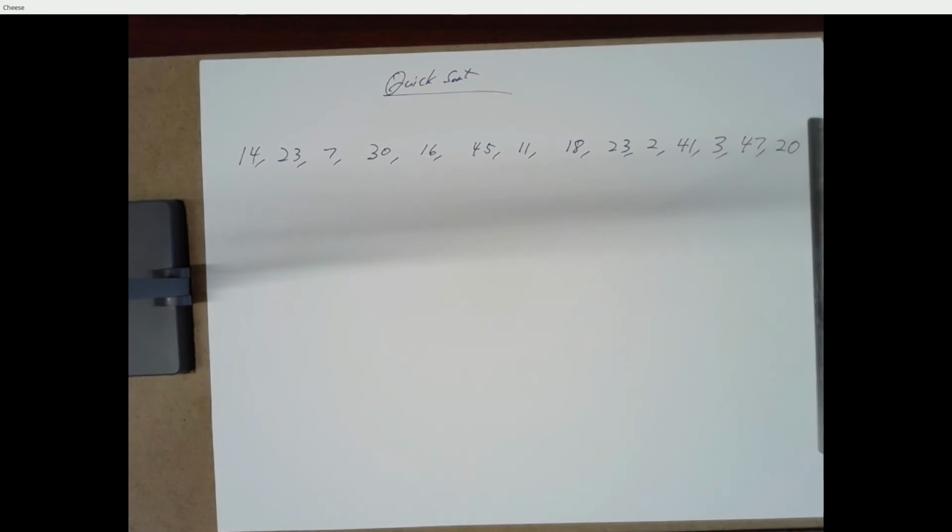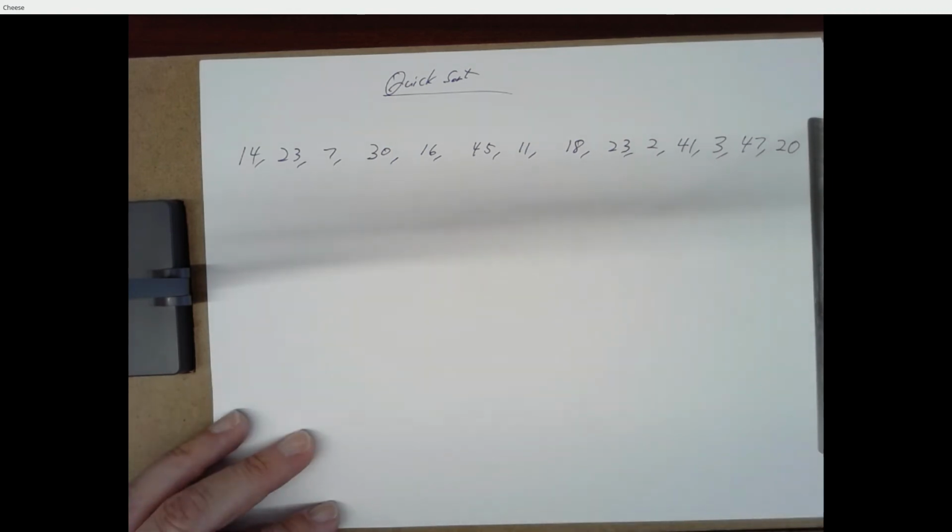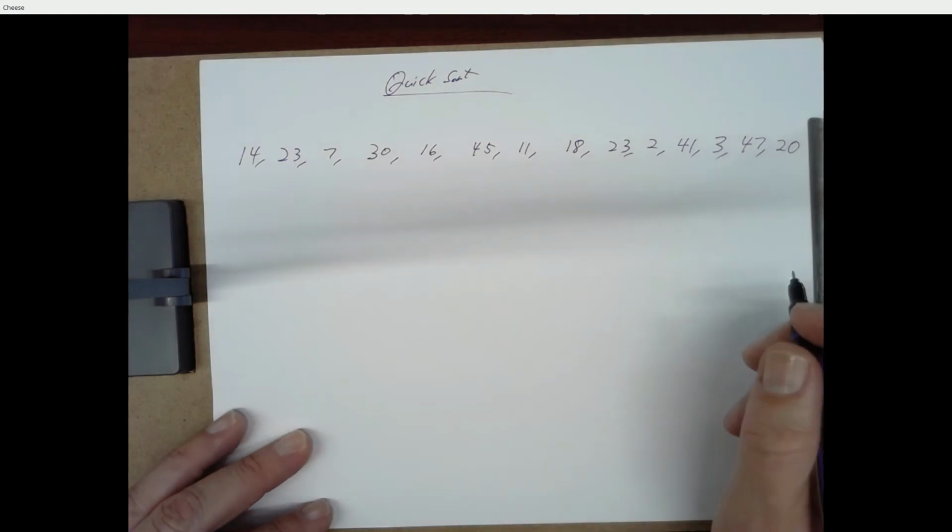It's a sort that's really hard to come up with good examples for, at least for me. So here's the idea of quicksort. We start off with an array of data, and we want to sort it. Let's go smallest to largest. That seems to be what we're doing in this unit.